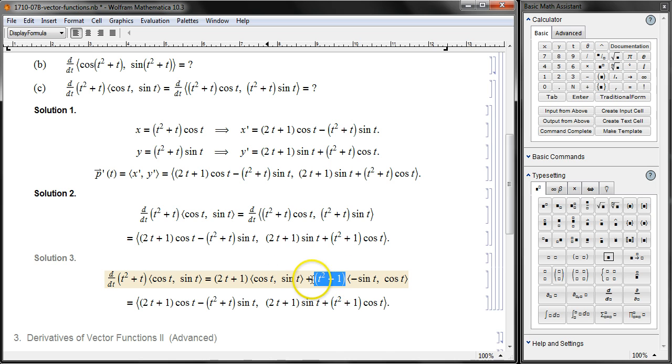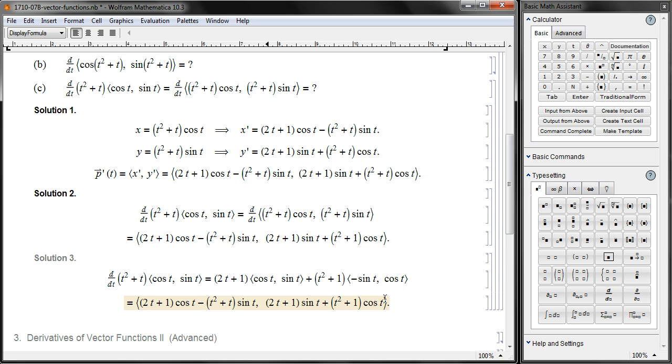Now this is u, no change, and then this is v prime, that's the derivative. So u prime v plus u v prime, that's the product rule. You can stop here if you want to, but I decided to put them together to get the final answer here, which is in line with all the other solutions.